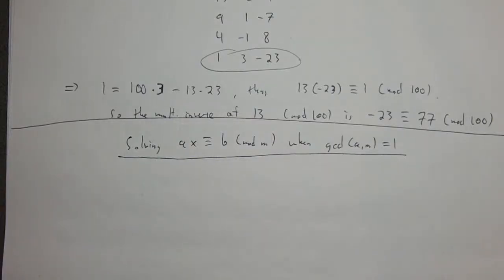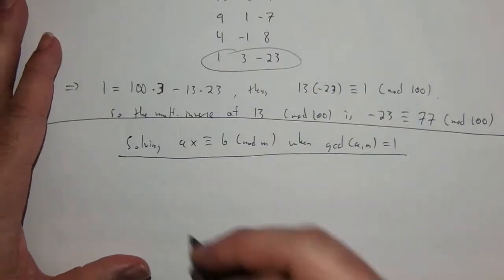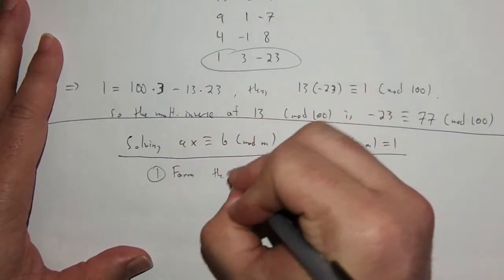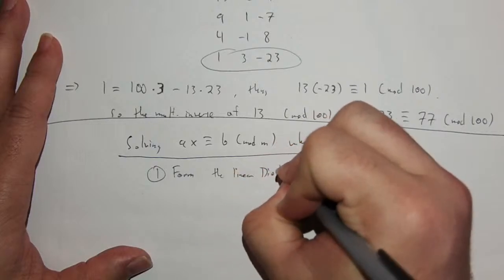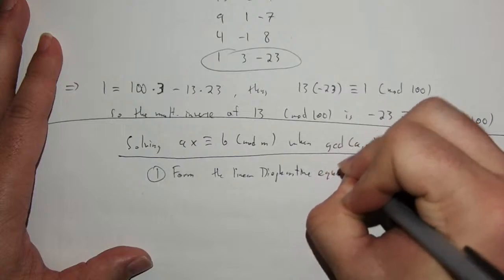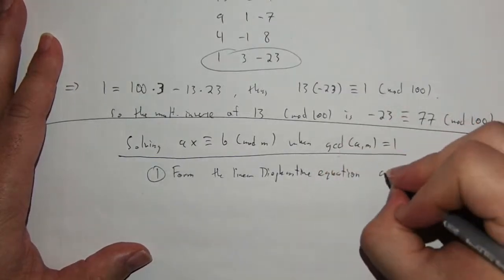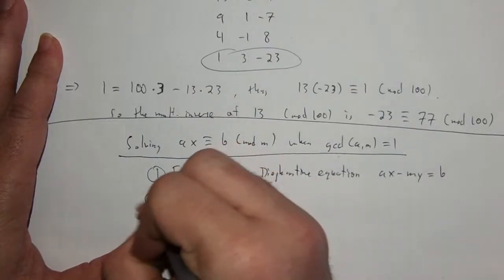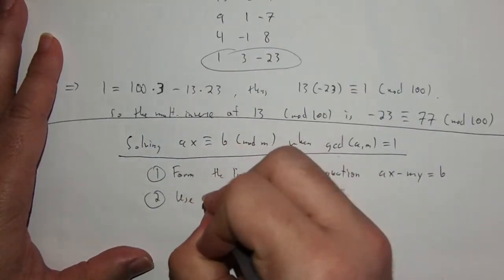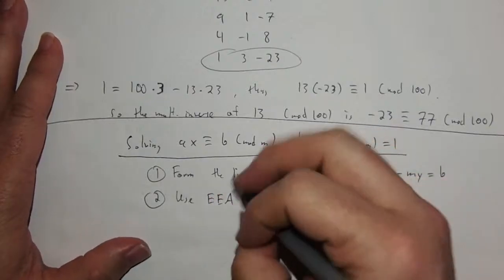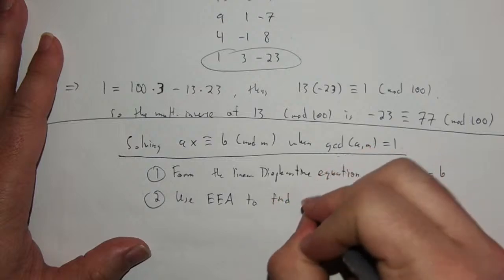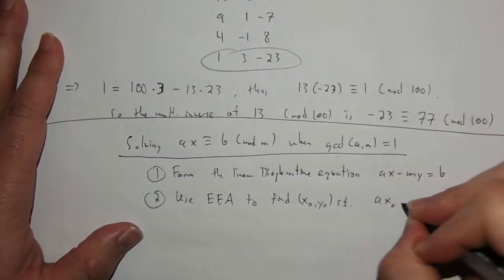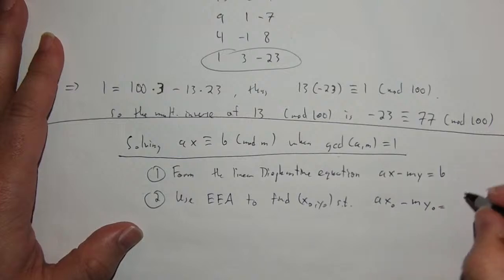All right. So, first, form the linear Diophantine equation AX minus MY is equal to B. And secondly, use the extended Euclidean algorithm to find x naught, y naught such that a x naught minus m y naught is equal to 1.